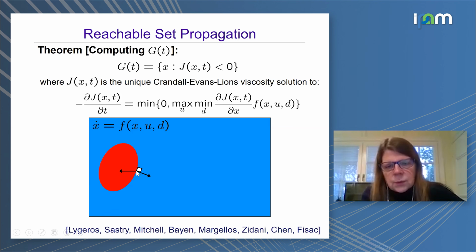So suppose, for example, at time t0, we're operating on the boundary of this region. So we look at a state that's right at that point. Here's that outward pointing normal, dj/dx.